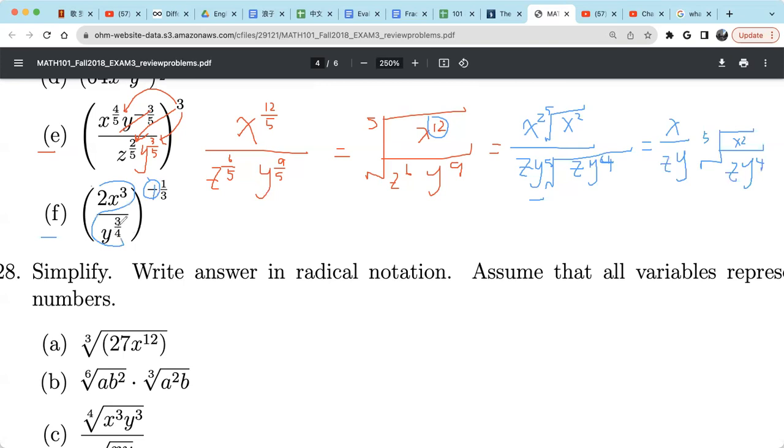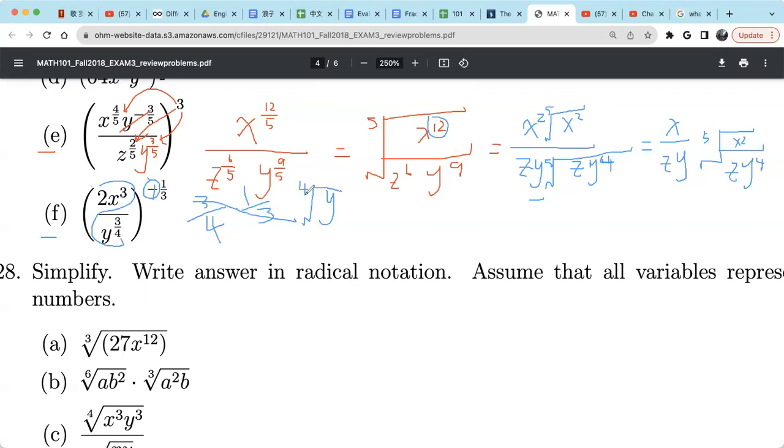Now y raised by 3 over 4 becomes the numerator, then raised by 1/3 again. So think about 3/4 times 1/3, that's just 1/4, because 3 over 3 becomes 1. So in the numerator we have y raised by 1/4. What's 1/4? That's the 4th root of y.